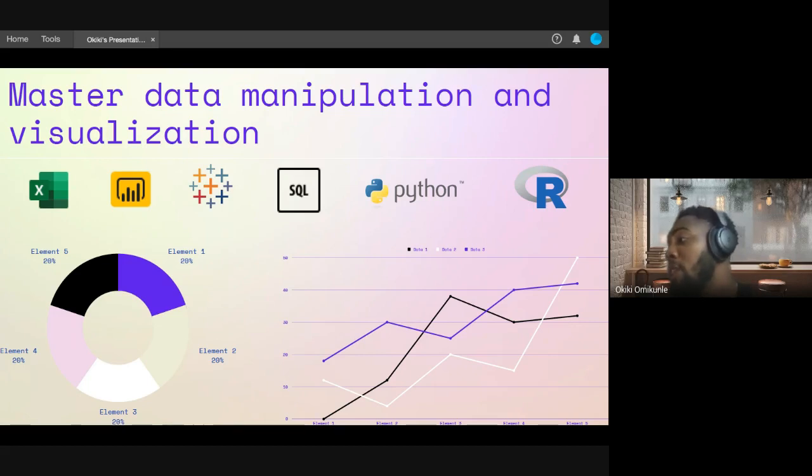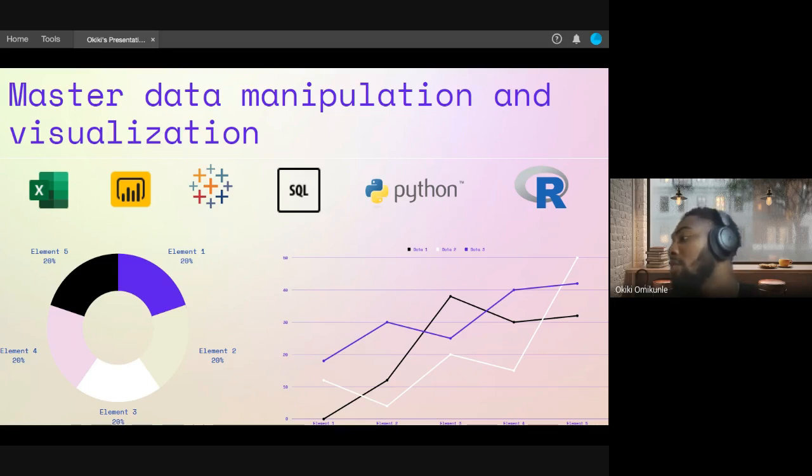For me, Power BI is my favorite business intelligence tool. I also use Tableau, but I just prefer Power BI. So you also understand Power BI, Tableau, SQL, Python.